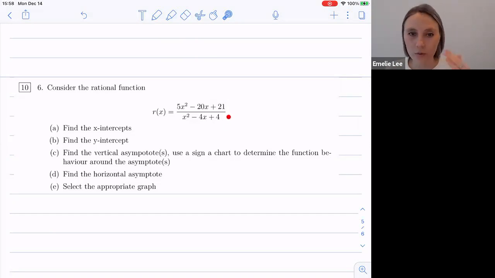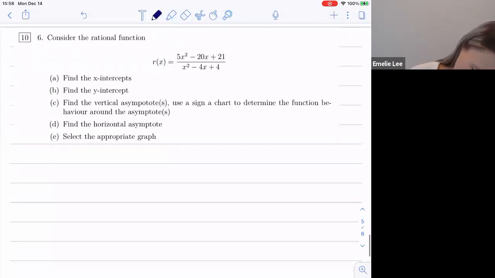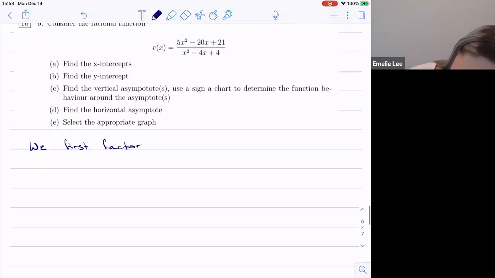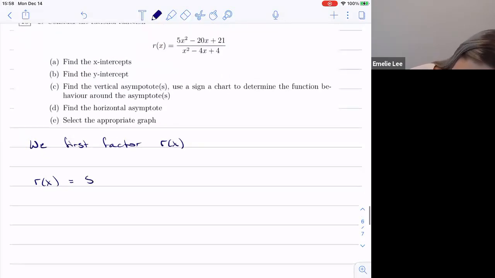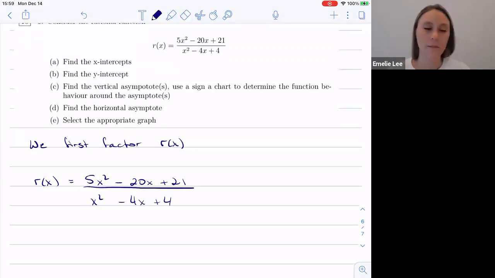Then we're going to go through each of these steps and see what happens. So we first factor r of x. r of x is 5x squared minus 20x plus 21 over x squared minus 4x plus 4.